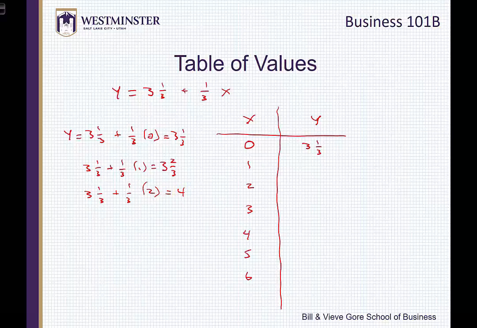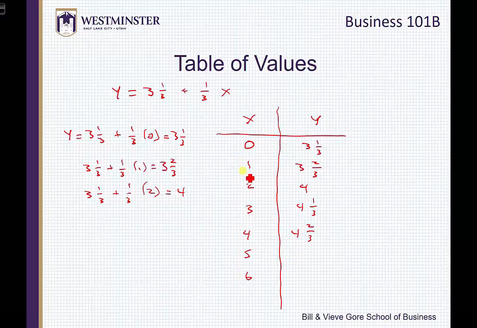So I'll just go ahead and fill these values in where x was equal to 1, y was equal to 3 2/3, where x is equal to 2, then y is equal to 4. And I can continue this on, and as it turns out, I can continue it on very quickly because I recognized a pattern develop. You won't always be able to use that because you may not have a consistent change in x.